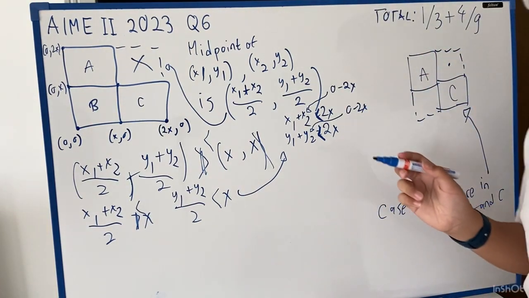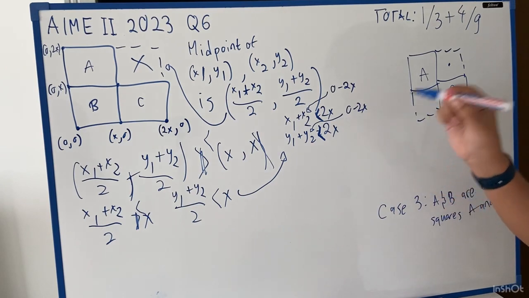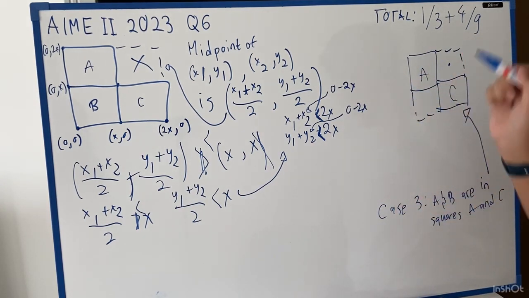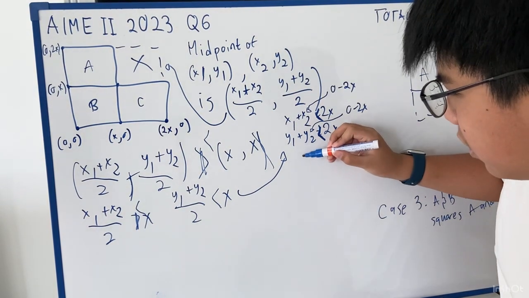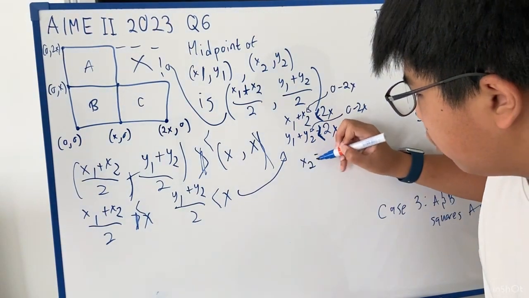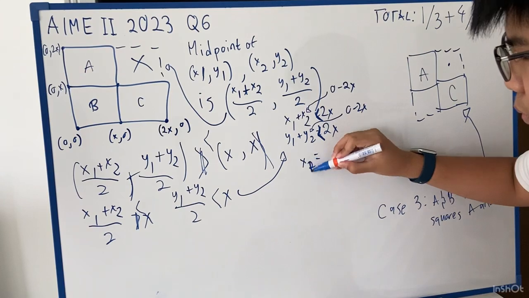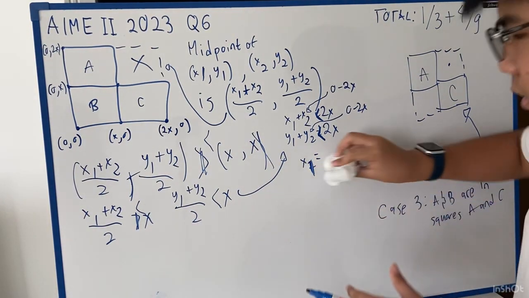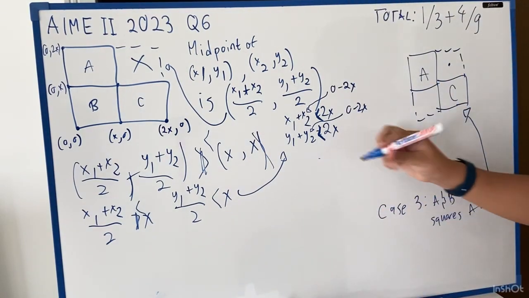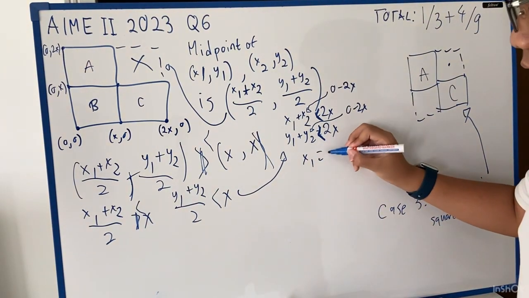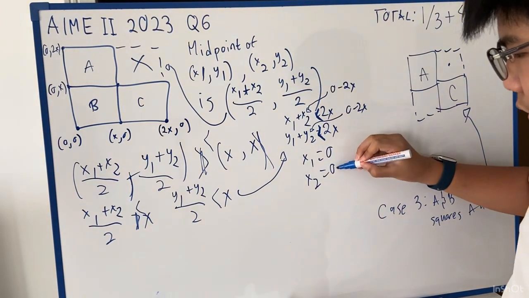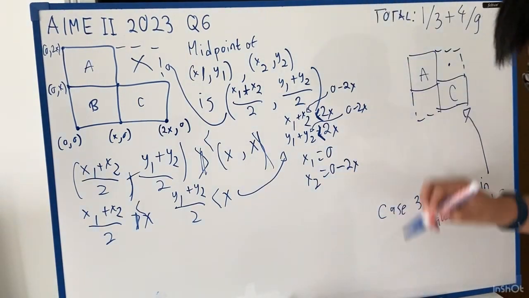Okay, so therefore we're gonna introduce an idea of calculus so we can do this. Okay, so let's say x1 just starts at 0, and then x2 can range from the values of 0 all the way to 2x.